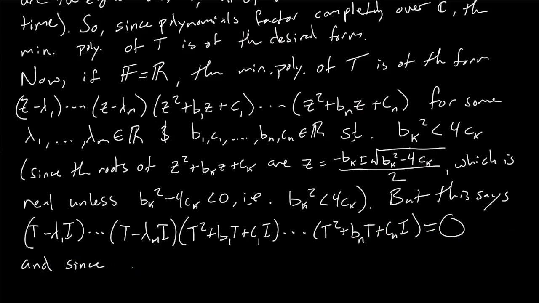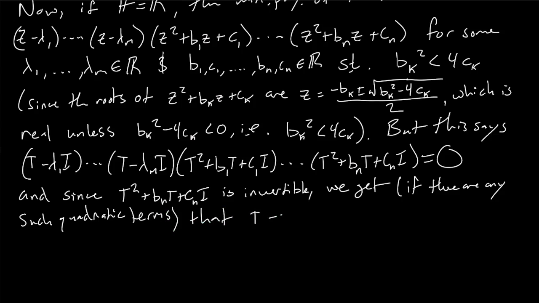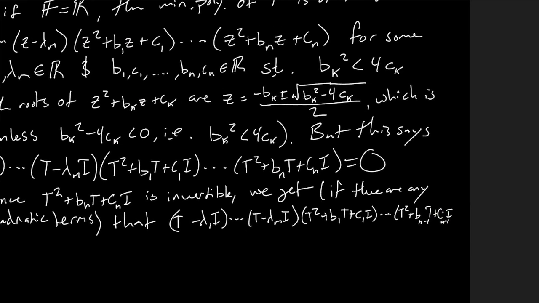And since T squared plus bn T plus cn I is invertible, we get, and I should say here parenthetically, if there are any such quadratic terms, that T minus lambda 1 I dot dot dot all the way down through T minus lambda m I times T squared plus b1 T plus c1 I dot dot dot all the way down to T squared plus b(n-1) T plus c(n-1) I is also 0.